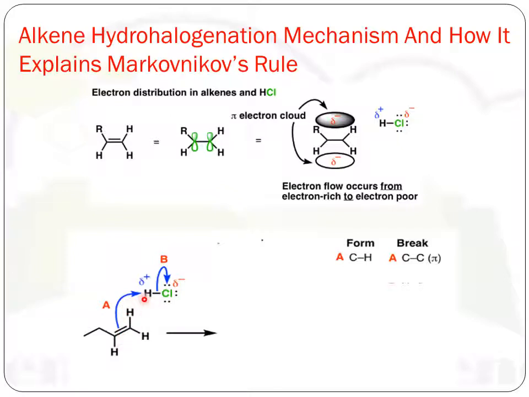The C-C pi bond breaks and a carbocation forms. This is the carbocation because the new bond forms on the other carbon, where a new carbon-hydrogen bond is formed and the carbon-carbon bond breaks. Hence, the electrons shift to hydrogen, so this carbon becomes electron deficient and has a positive charge, making it the electron-poor species.